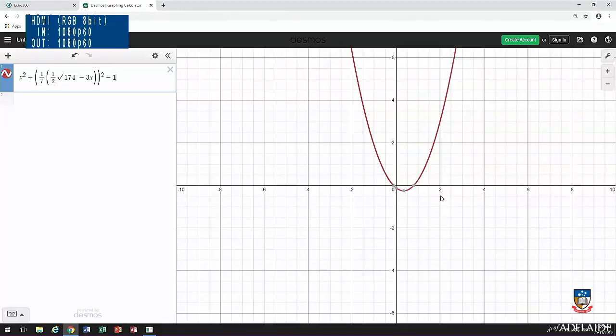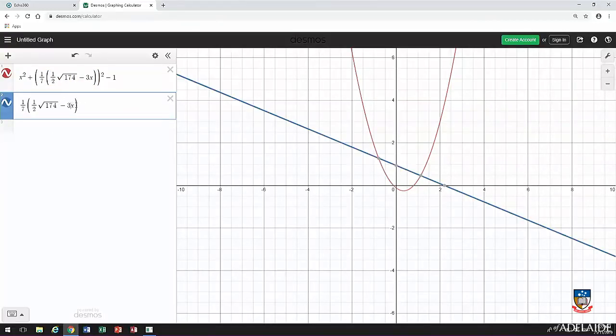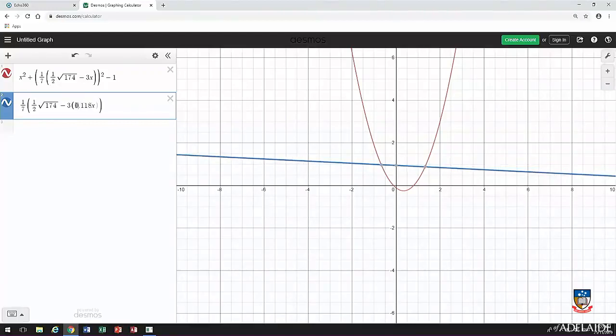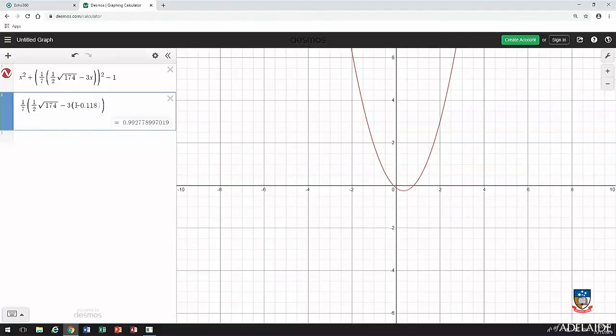And the u2 should be this thing, which is that, 0.993, and 0.599.